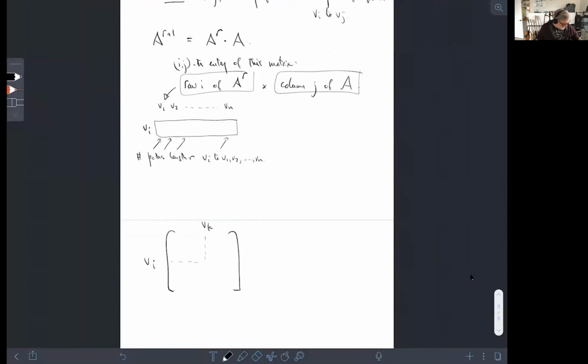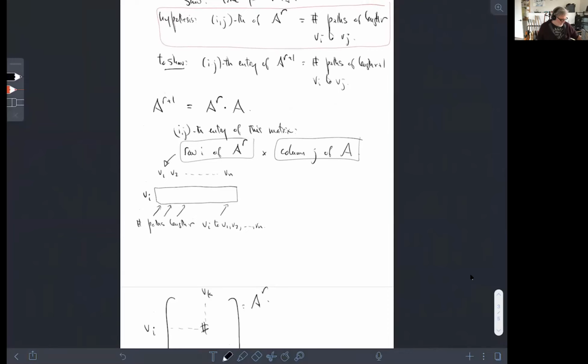So this will be the number of r-paths from vi to vk. This is matrix A to the r. Is that okay? So that's what I'm looking at, row i of this matrix. Each entry is just the number of paths from vi to v1, vi to v2, right up to vn. We've chosen vi; i is just some fixed index.